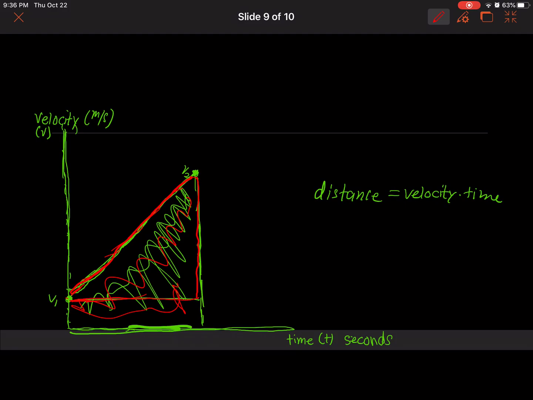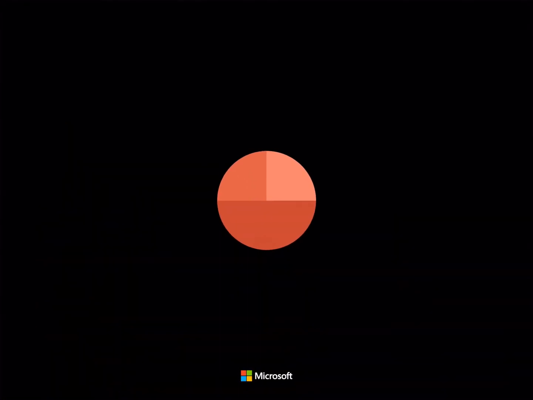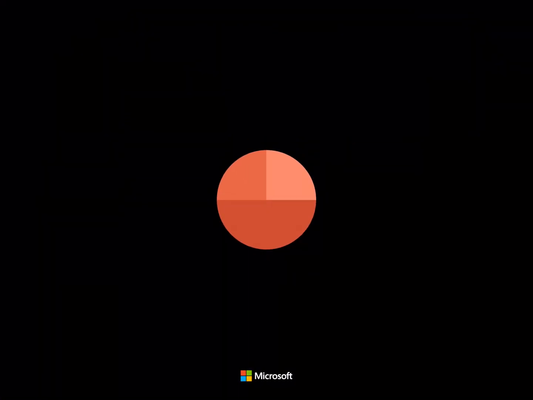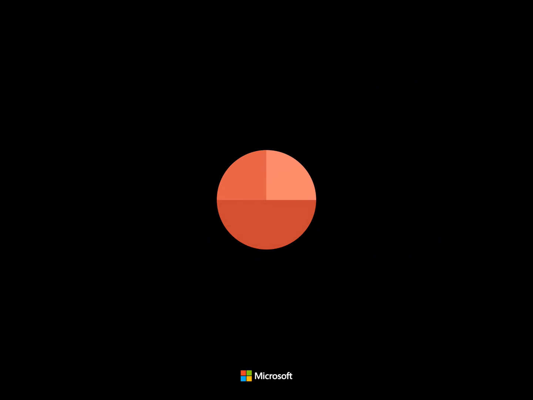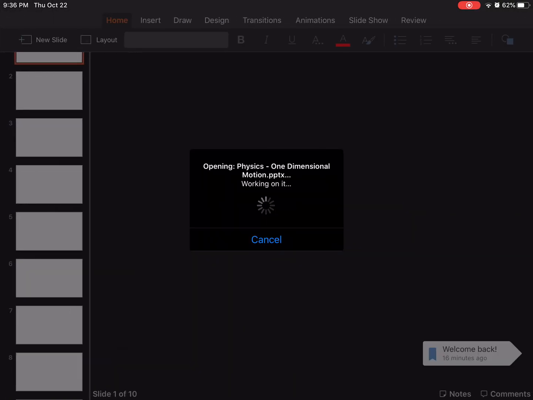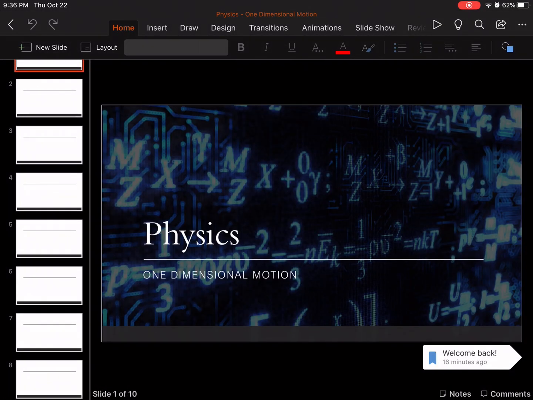Let me just finish with the red. I don't want this green anymore. If you remember, whoa. Okay, that wasn't supposed to happen. That was weird. Let's just give it time to reboot. PowerPoint kind of crashed.